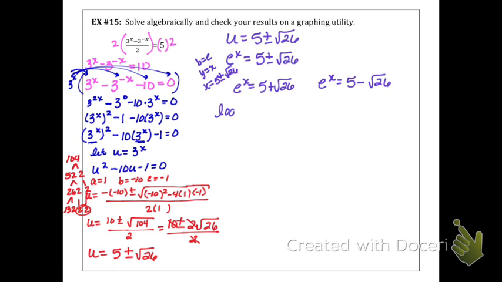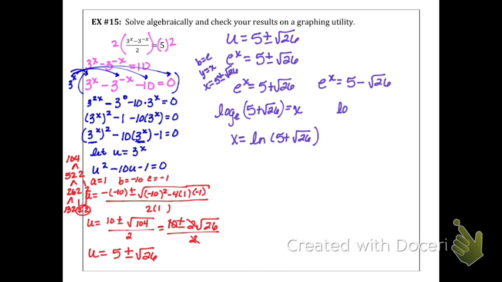So I'm going to get log base e of our x. So this one is the 5 plus square root of 26 equals our y. So x equals log base e, a natural log, of 5 plus square root of 26. I'm adding to the 5, square root of 26 is a positive number, so I know it's getting bigger, so that's an answer.